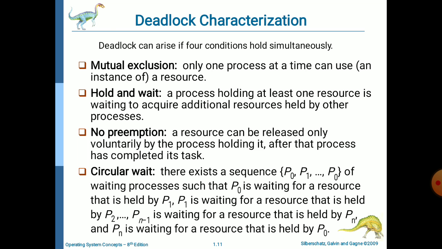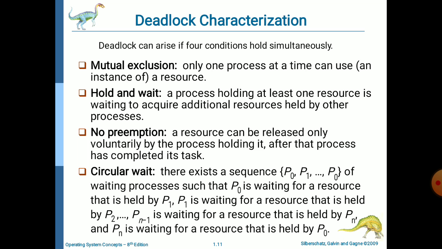This kind of situation also leads to a deadlock. No preemption, the third point: a resource can be released only voluntarily by the process holding it, after that process has completed its task. So no preemption means that if a process requires a resource, it cannot be forcibly taken from the process already holding that resource.